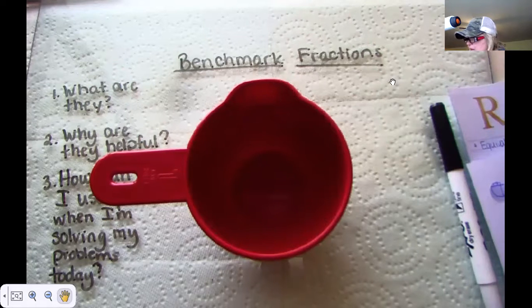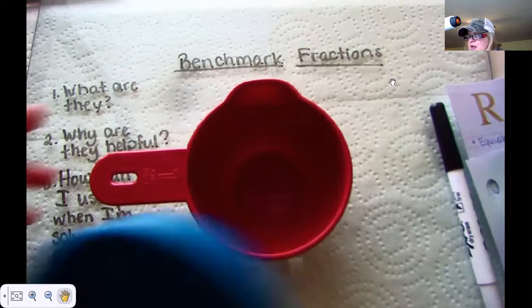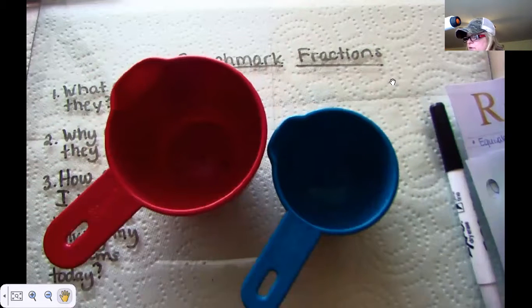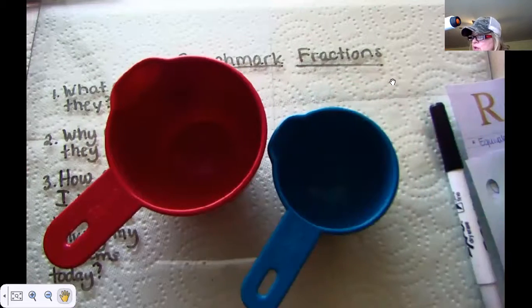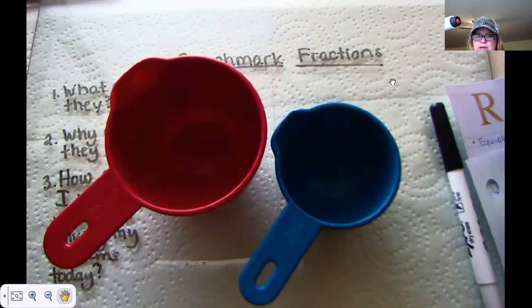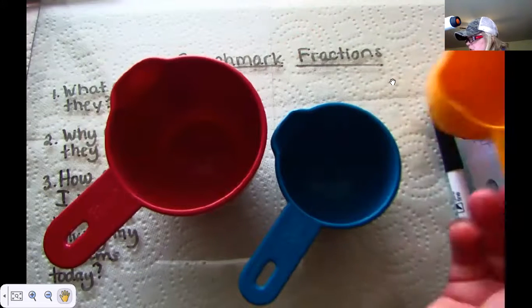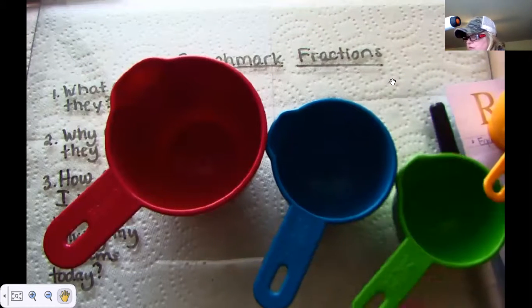The most common way that we think about is half a cup. There's my half a cup. This is half of the whole. It takes 2 of these to equal one of those. And then another common benchmark fraction is 1/3.